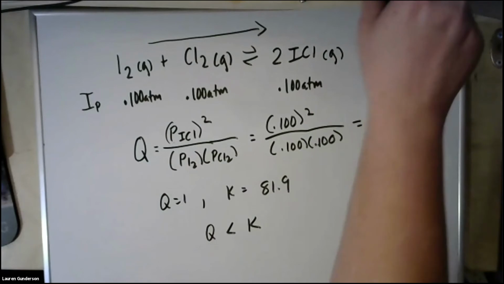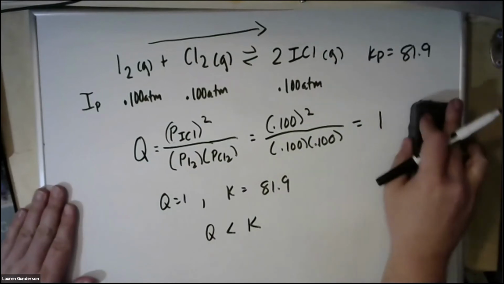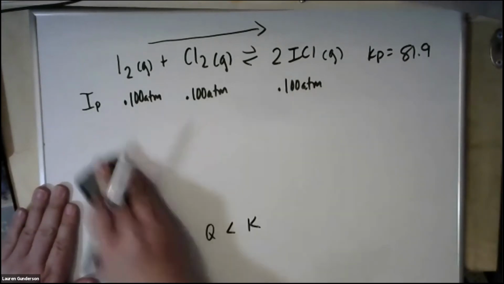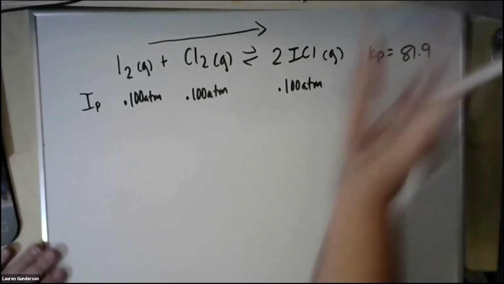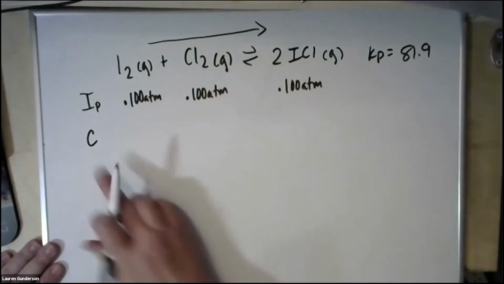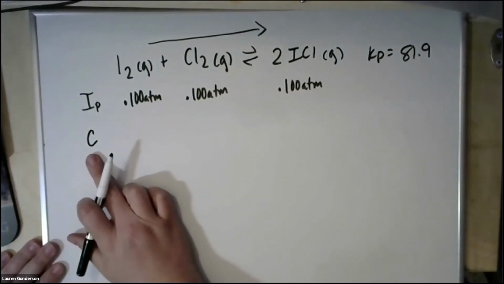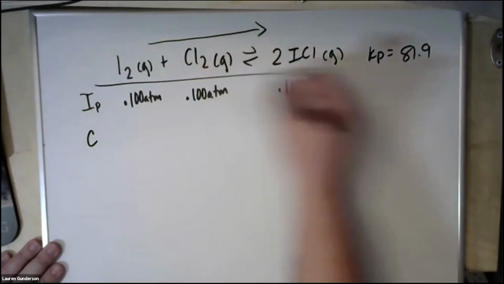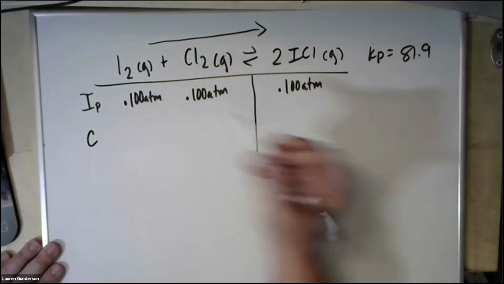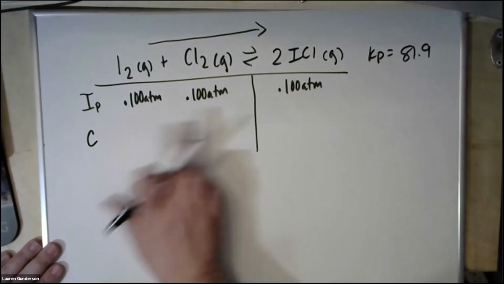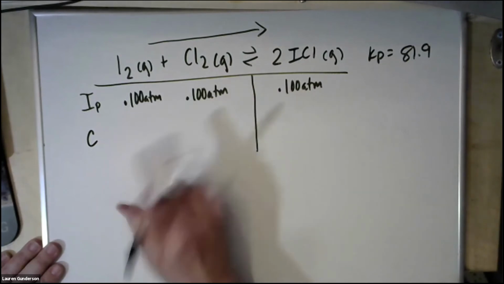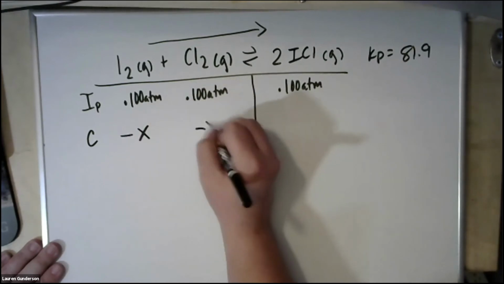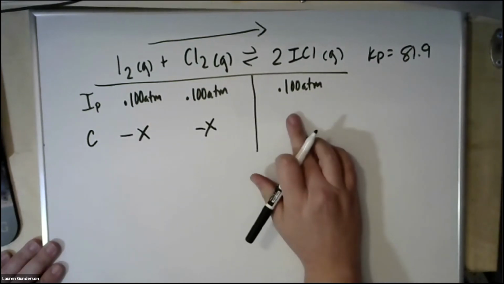Okay, it's important for us to do that because remember, we're trying to figure out what's being used up and what's being created. Right? That's that change row in our ICE table that we have to focus on. So we can't do the change part of it if we don't know what's being used up and we don't know what's being created. Now, in this case, once we do that calculation, now we know that we're using up our iodine gas and our chlorine gas, right? So these get our minus x's. And we know that we're creating the ICl gas.